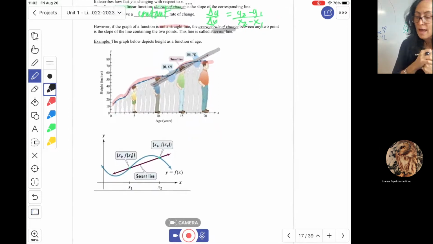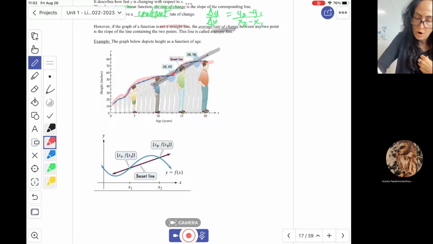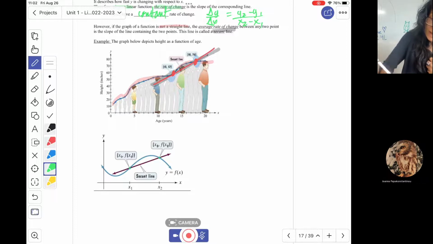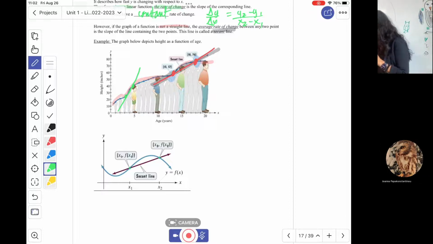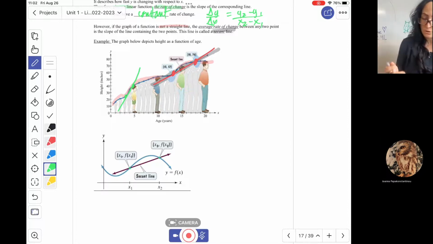For example, I could look at the average rate of change between people who are 13 and 18 and get this secant line. But between this age and this age, it would be a very different secant line, so the slopes would be different.